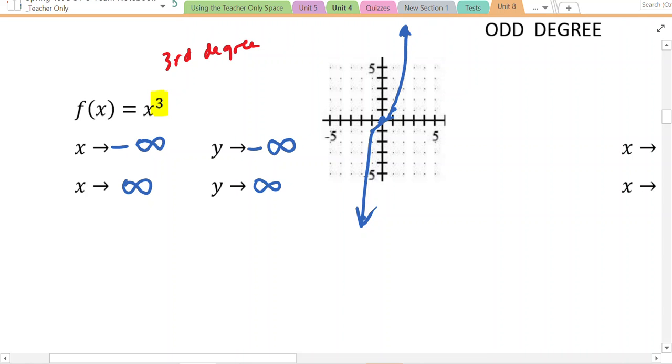And notice, with the odd ones, it's like a line. They go in opposite directions, right? So when it's odd, the end behavior is opposite. So for this, they're going to go opposite. Notice what happens. These are going opposite, aren't they?